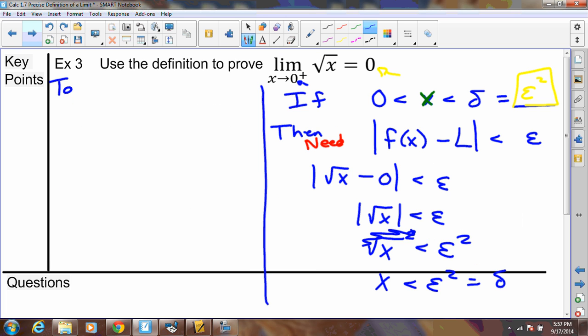Take any epsilon you want that's greater than 0.